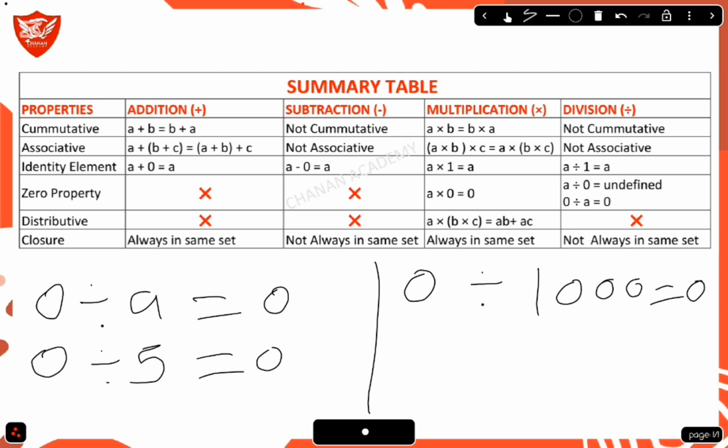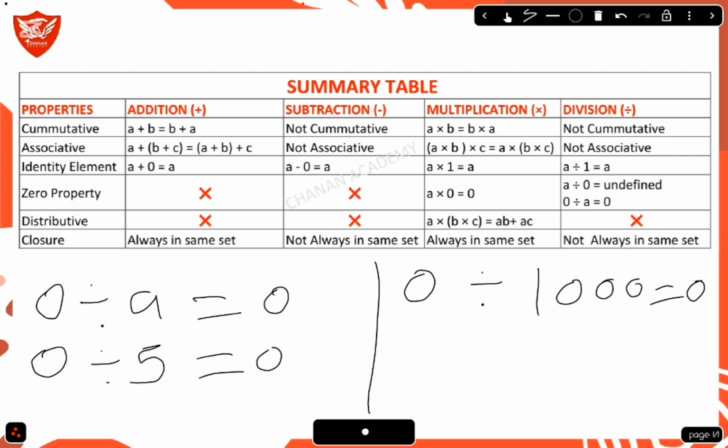So that's for the zero property. Try your hands on the zero property. Also try your hands on the distributive property of multiplication. That will be your assignment. I would like to see that you do it and then drop it in the comment section. Let's see what you have.